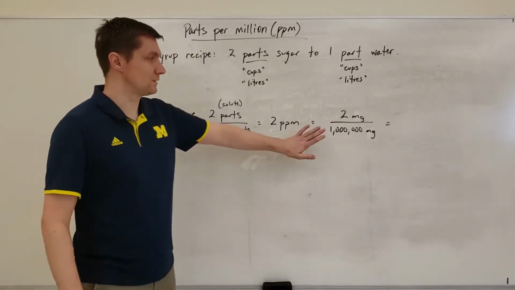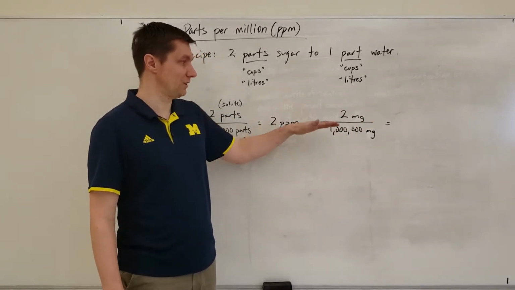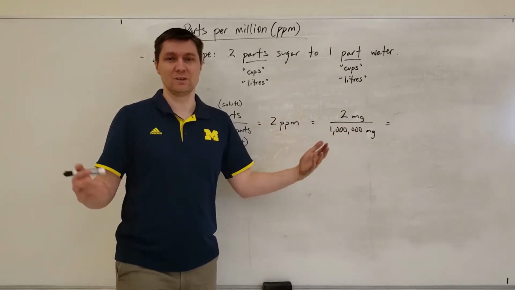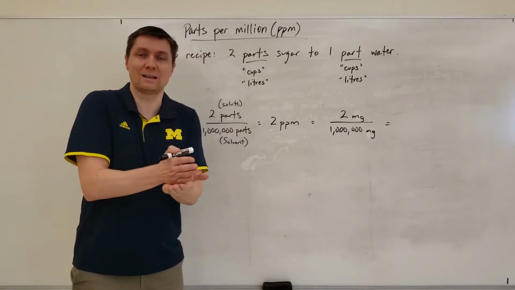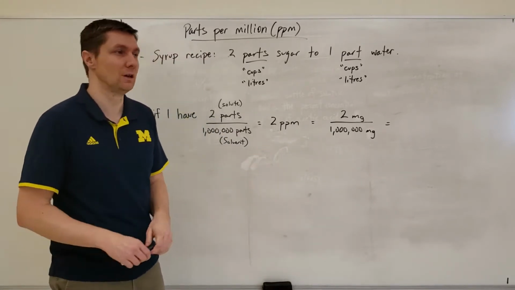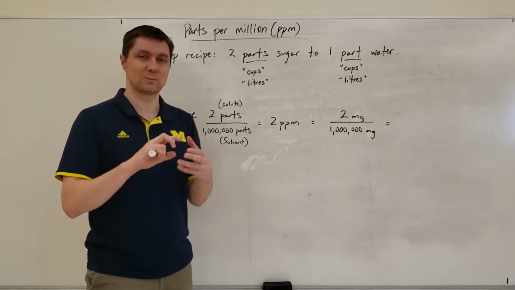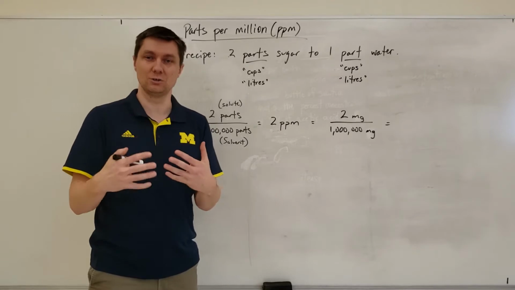Now the trouble with this, though, is that when I'm doing my calculations, I just have to have it in how many parts per million parts. But oftentimes the amount of the solvent that we have is not exactly 1,000,000 of whatever it is. And so what we can do to simplify this process is we can express the ratio in parts per million by changing the units up.